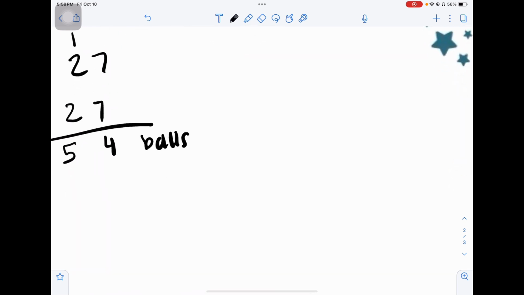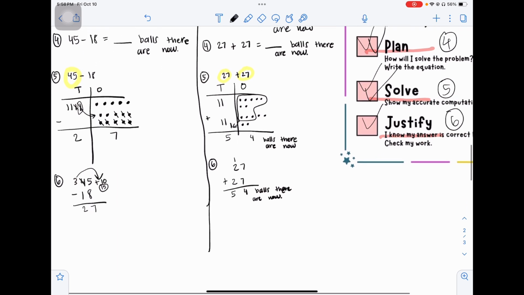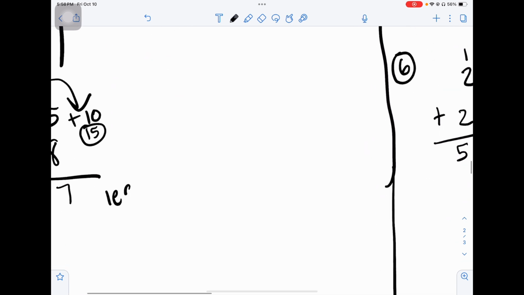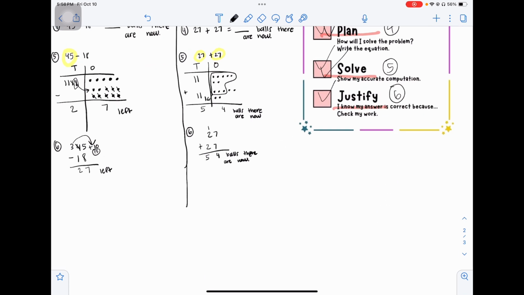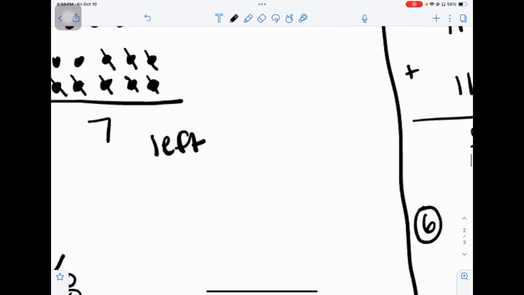Balls there are now. Okay. Here I should have put 27 left, because that's what we were solving for. 27 balls left.